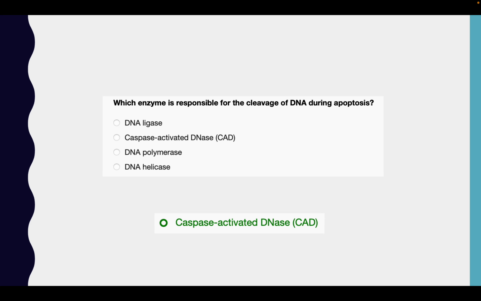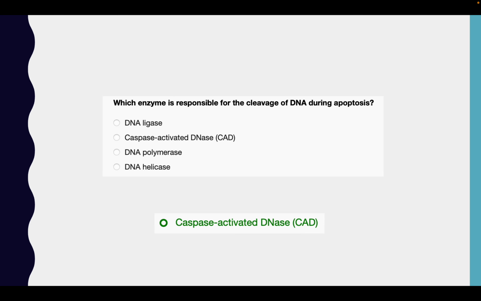DNA हेलिकेज. हेलिक्स मतलब दो स्ट्रैंड को के बीच में जो न्यूक्लियोटाइड्स है उसके बीच में जो हाइड्रोजन बॉन्डिंग है वो फॉर्म करने में हेल्प करता है. और CAD क्या करेगा? क्लीवेज ऑफ DNA ड्यूरिंग एपोप्टोसिस. सो डबल स्ट्रैंड स्पेसिफिक एंडोन्यूक्लियस है ये.